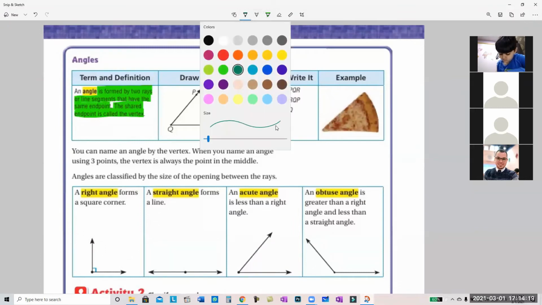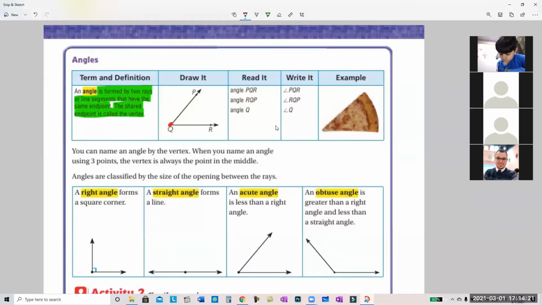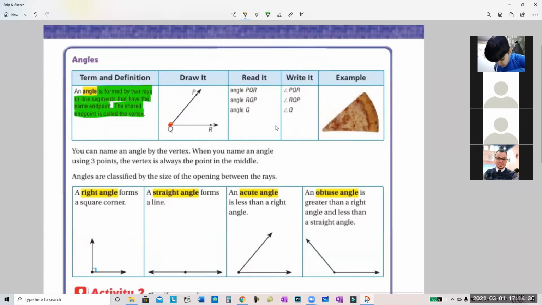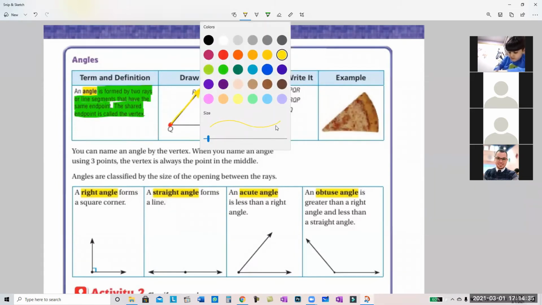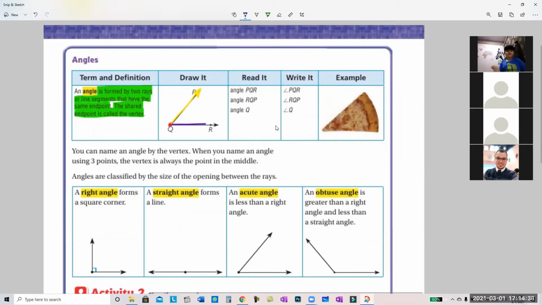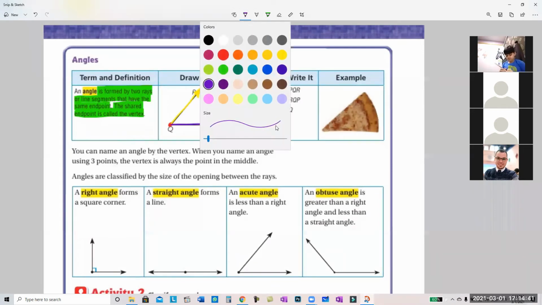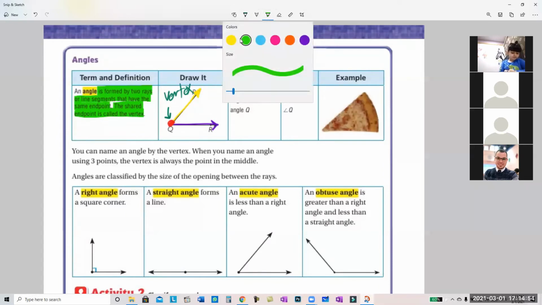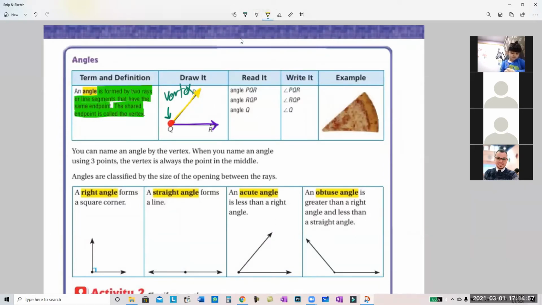As you see here, we have two rays and a shared endpoint, and we have another ray here. The two rays have the same endpoint, which is Q. So this endpoint is called the vertex. It's so important to know that, guys, so pay attention to it.